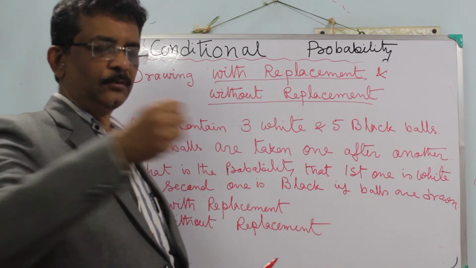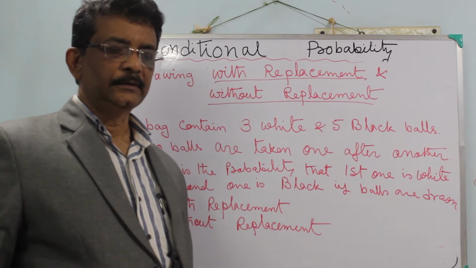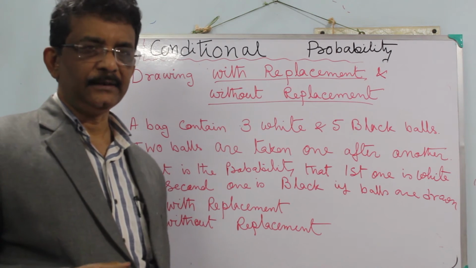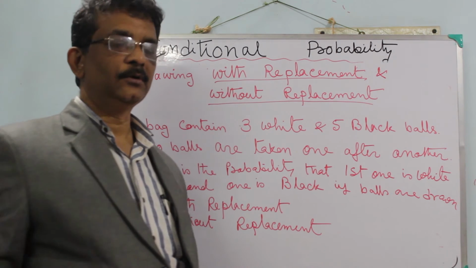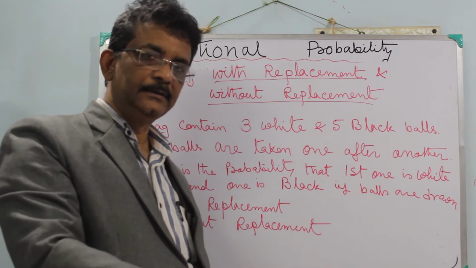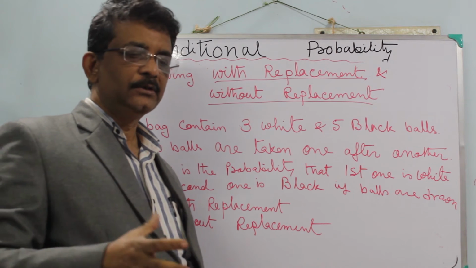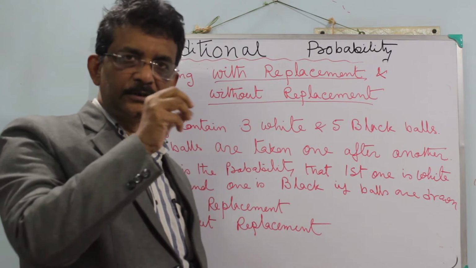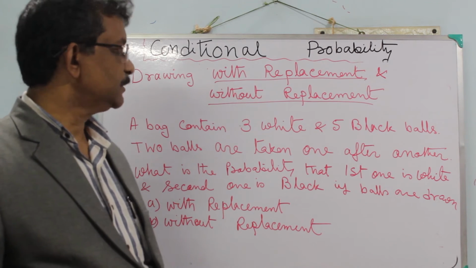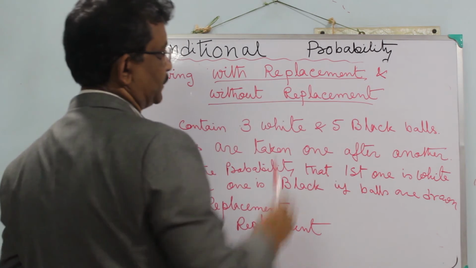If I take out a ball and then put it again in the previous bag, then I draw another ball, and after drawing I put it again in the bag, and then I draw the third one. So in this way, the total number of balls in the bag remains the same, because the balls are replaced. So this is drawing with replacement.